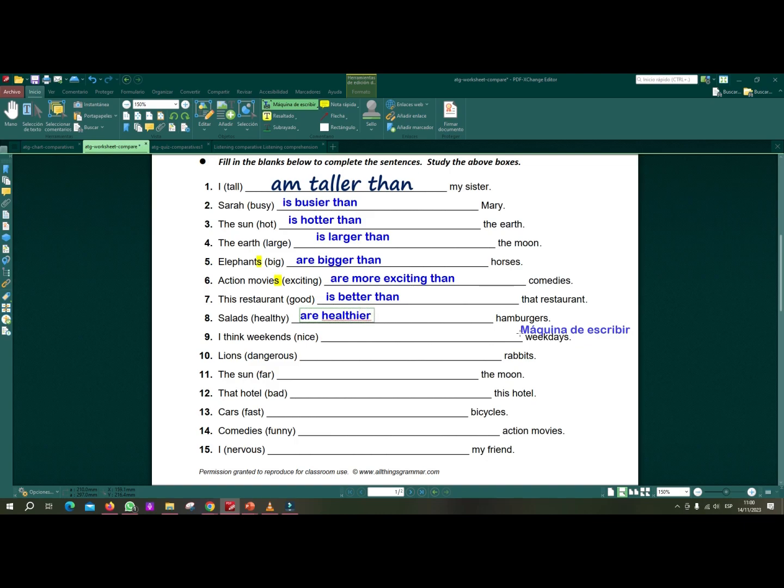Tiene un adjetivo con 2 sílabas, pero como termina en Y, ¿verdad? Cambiamos este Y por I y agregamos ER. So, salads are healthier than hamburgers. ¿Ok? Perfect. Estamos comprobando, las ensaladas son más saludables que las hamburguesas. Right? Good. Excellent. What about this one?